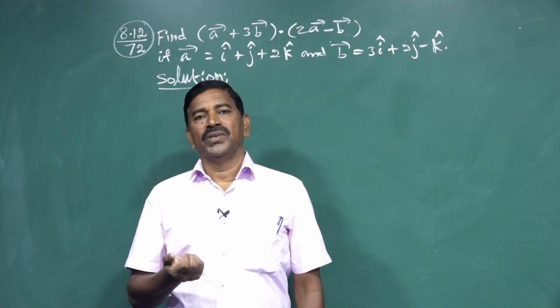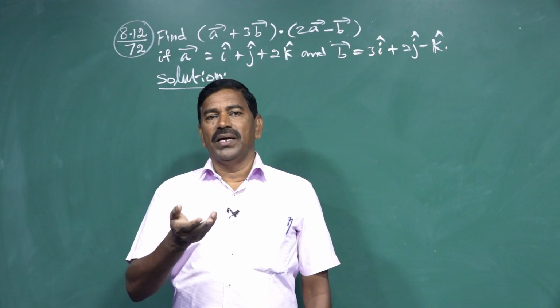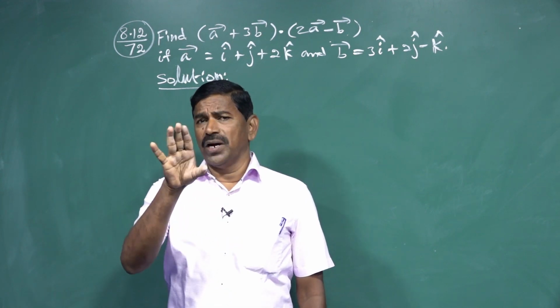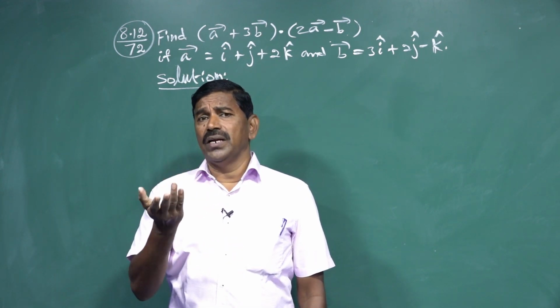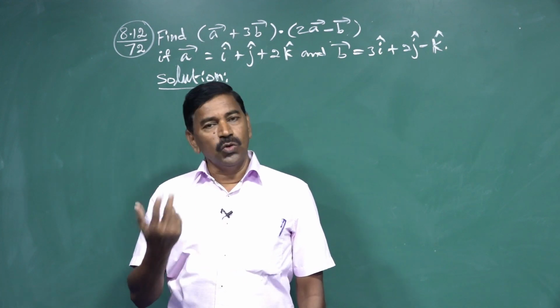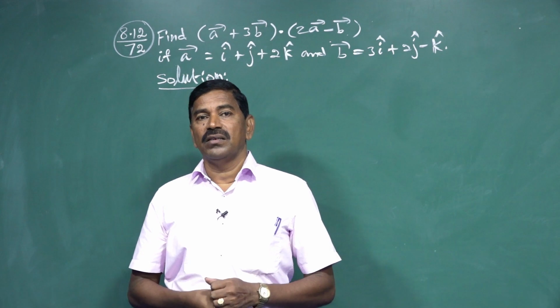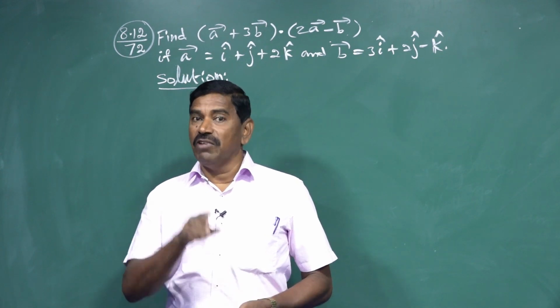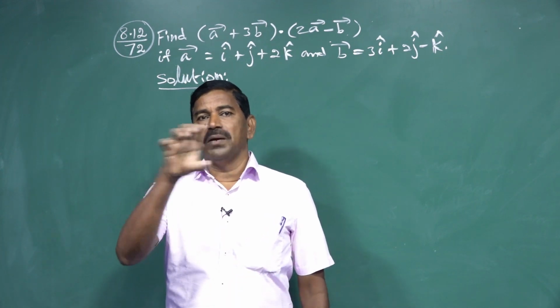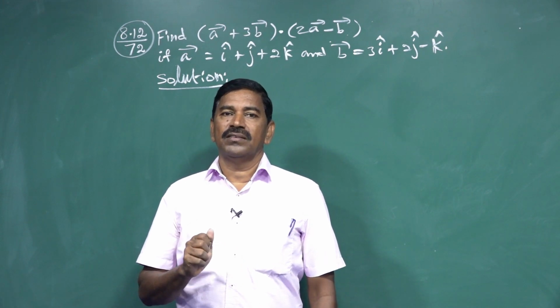Now revision. Can you tell me, scalar product, that is dot product, is defined in how many ways? Yes, 2 ways. They are the definition of dot product and the value of dot product. First remember the definition of dot product.